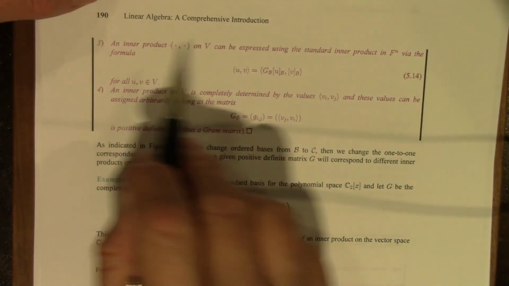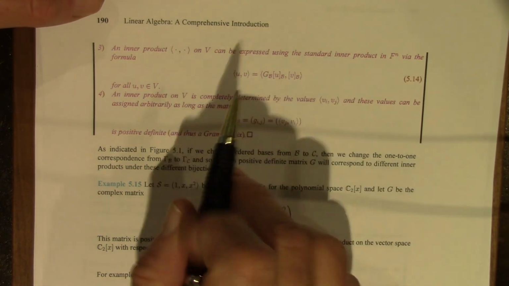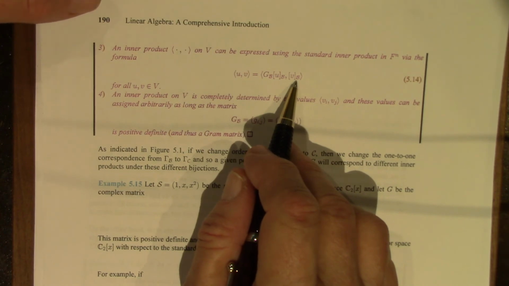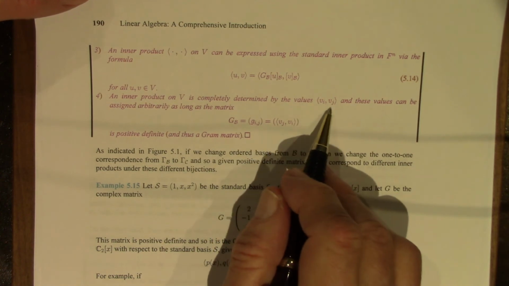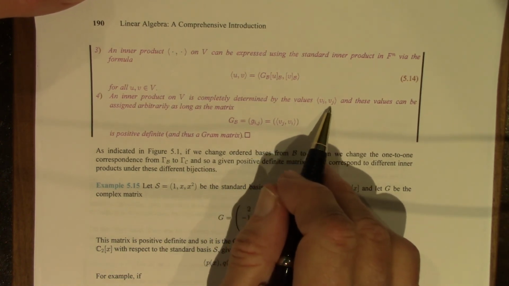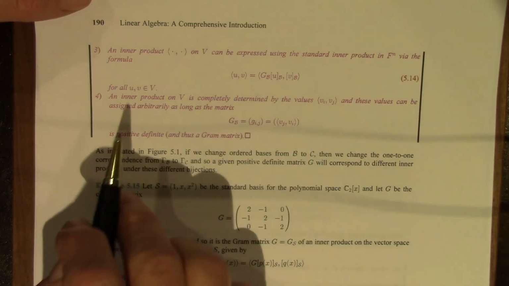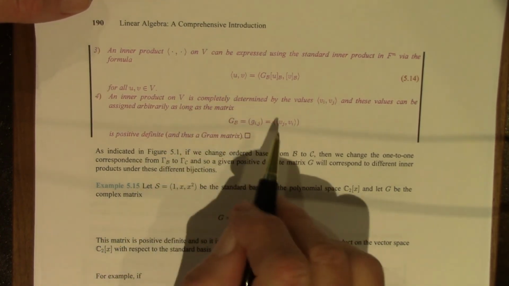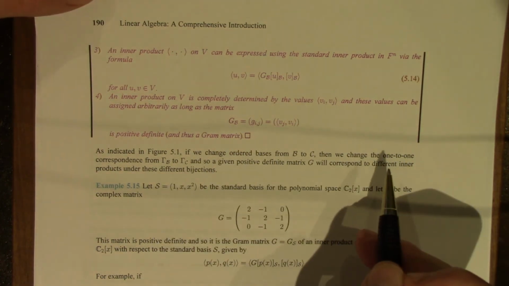An inner product on V can be expressed using the standard inner product on F^n by this beautiful formula. An inner product on V is completely determined by the values <v_i, v_j>, the inner products of the basis vectors. And these values can be assigned arbitrarily as long as this matrix is positive definite and therefore is a Gram matrix.